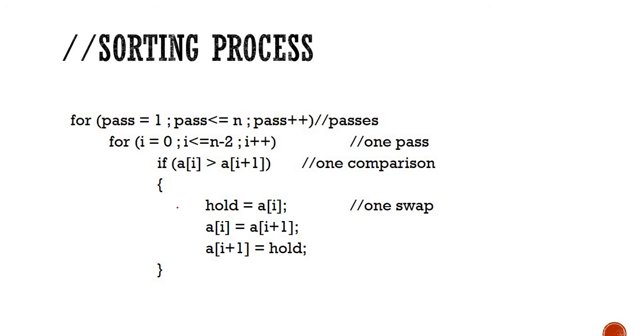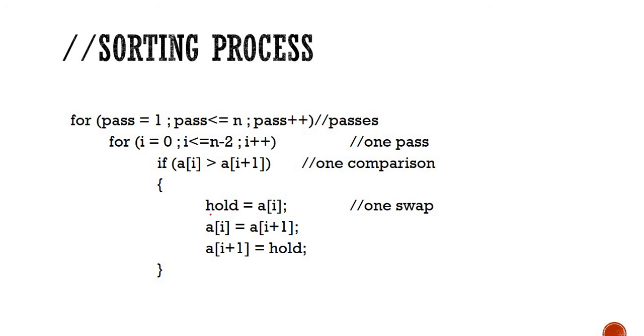If the number on the left is greater than the number on the right side, you need to swap. Just now you saw the variable I used, temp, as the variable. You can name the variable anything to store the temporary value for the swapping.